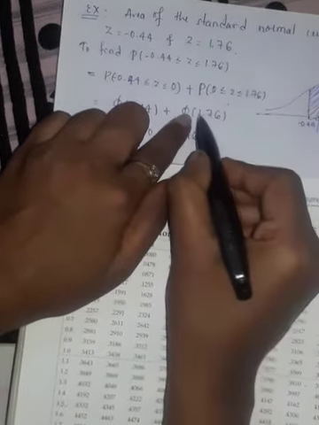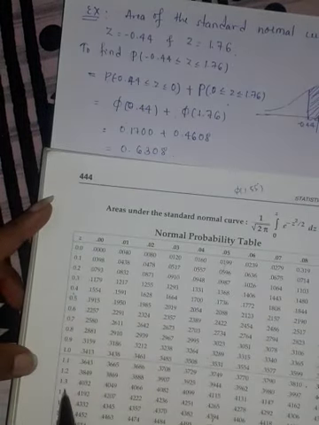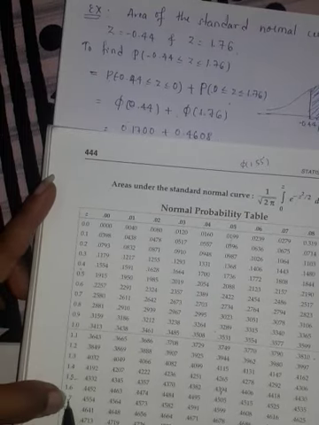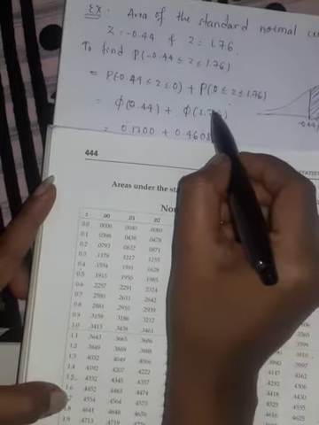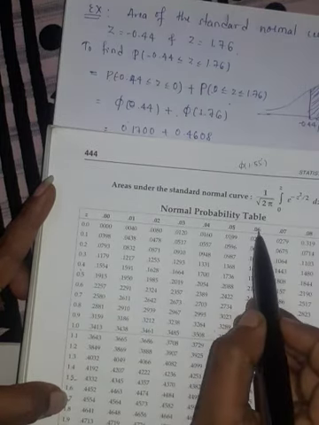Next, 1.76. First we take 1.7. Where is 1.7? This is our 1.7. Next, 0.06 is this one.